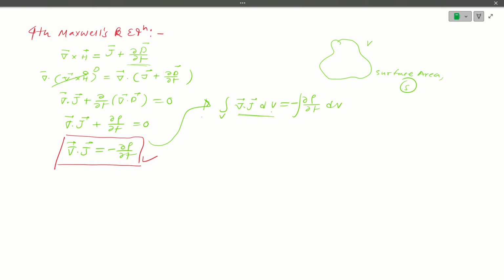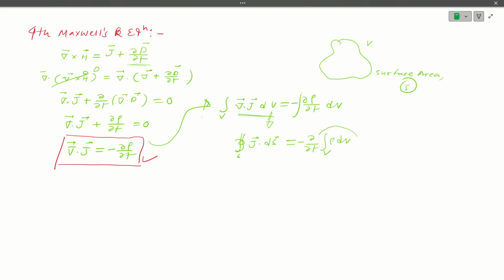This is a volume integral. To convert it into a surface integral, we apply the Gauss divergence theorem. So it becomes the closed surface integral of J dot dS equals minus del by del t of the integral of rho dV over the full volume.